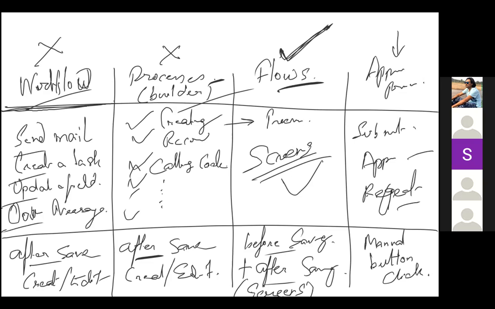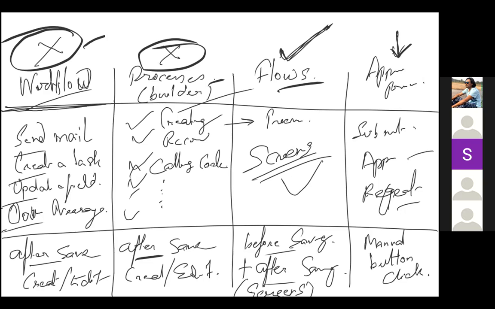Any questions on these 4? We will discuss these 4 today. These are the drag and drop mechanisms, without writing any code, to automate things, right? Please remember, workflows and process builders are just for this class, but you should know about them because they will be there for some time.